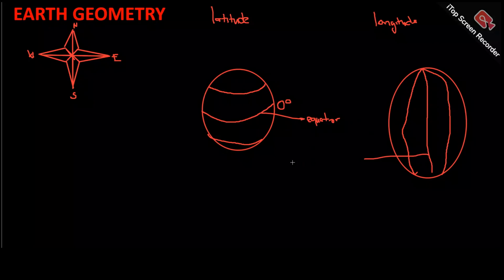It is known as the Greenwich meridian, and it is 0 degrees. So far, step by step, we have talked about the compass, the latitudes, and the longitudes.